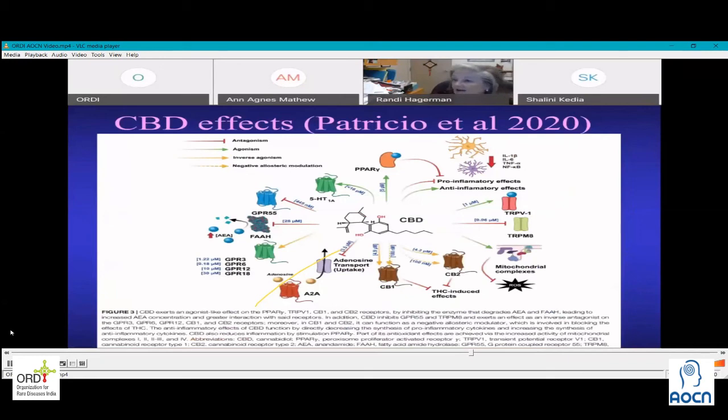It can block pro-inflammatory proteins, and it stimulates anti-inflammatory effects. It also can help the mitochondria work better, and it has a variety of effects besides the inflammatory and anti-inflammatory benefits and the mitochondrial benefits.